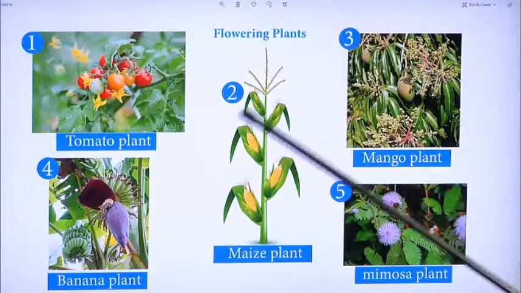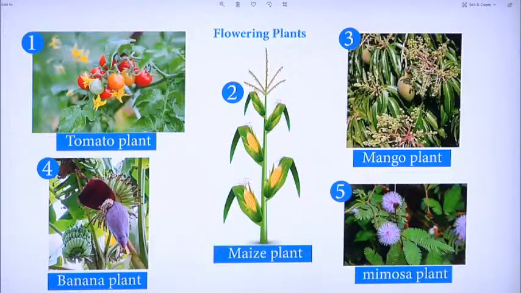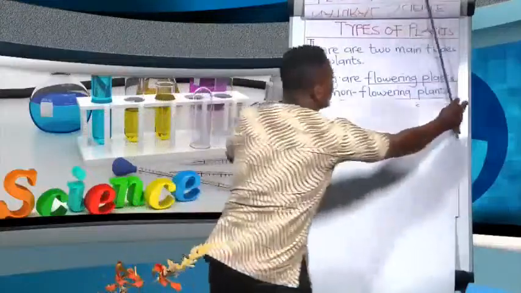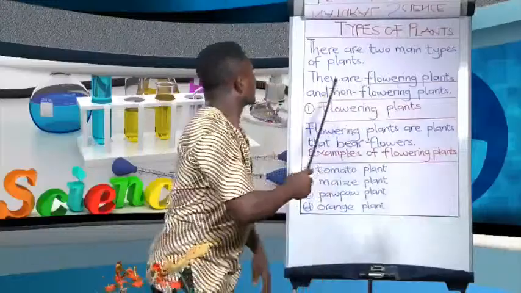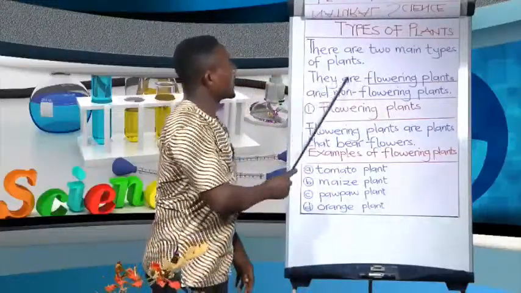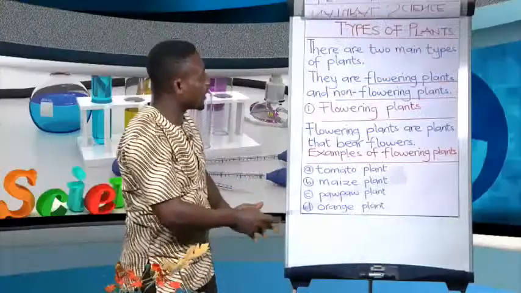So, we've learned some examples of flowering plants. Remember in the explanation, we said that some are edible. It means we can eat some of them. Others too, they are not. Like the flamboyant, we cannot eat its fruits. Good. So, flowering plants, we said there are flowering plants and non-flowering plants as the 2 main types of plants.